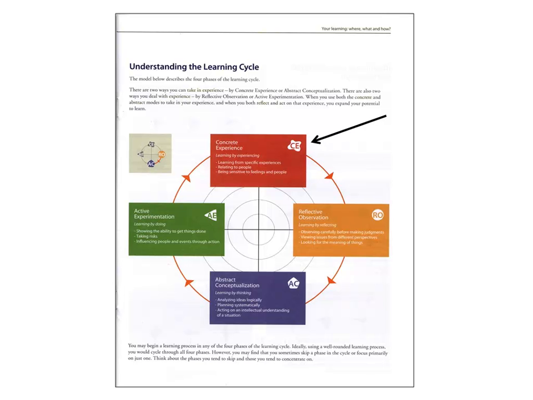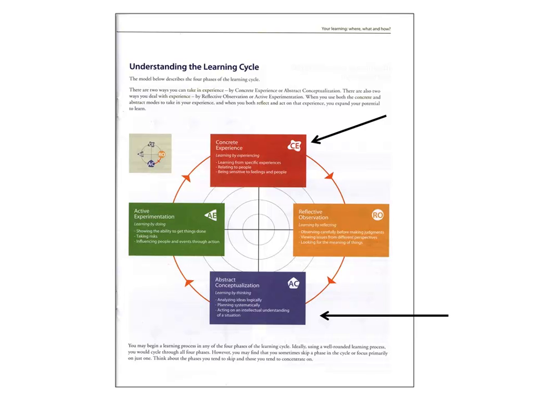People who take in information from the concrete experience perspective like to learn from specific experiences and like to work with others. People who perceive information in the abstract conceptualization prefer to perceive information through thinking and analyzing ideas logically. They rely on systematic planning and love research. They're often more comfortable working independently.